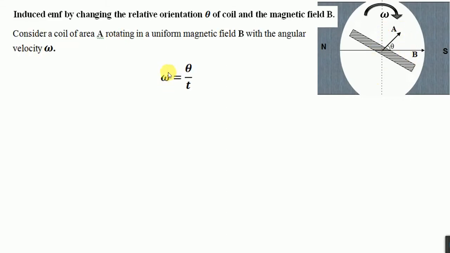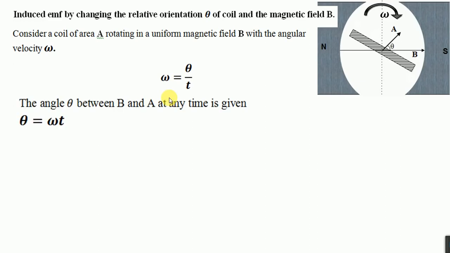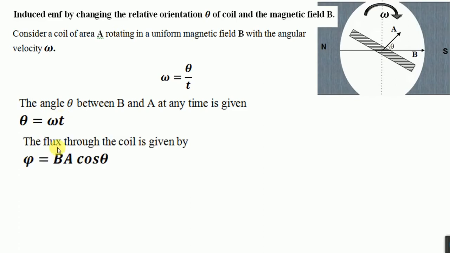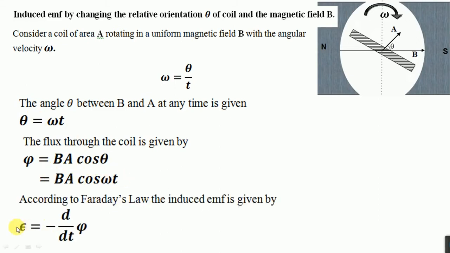We know angular velocity is angle per unit time, so the angle at any time is given by omega t. Flux through the coil is given by BA cos theta, and instead of theta we can write omega t. According to Faraday's law, EMF is equal to minus d phi by dt, the rate of change of magnetic flux with time.